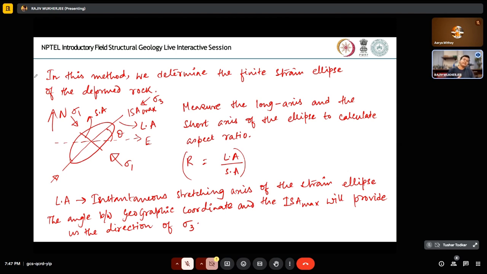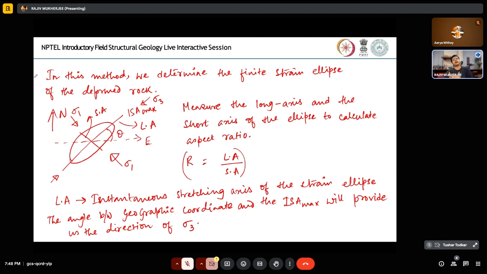That is entirely different from the macroscopic strain, because a large part of the strain has already been accommodated through these methods, and the remaining part becomes feasible in macroscopic processes, such as forming a fold or layer parallel shortening, and then faulting, and then the rotation of rigid objects in a matrix, say for example the rotation of porphyroblasts and porphyroclasts. These take place after there is crystal plastic deformation, right?